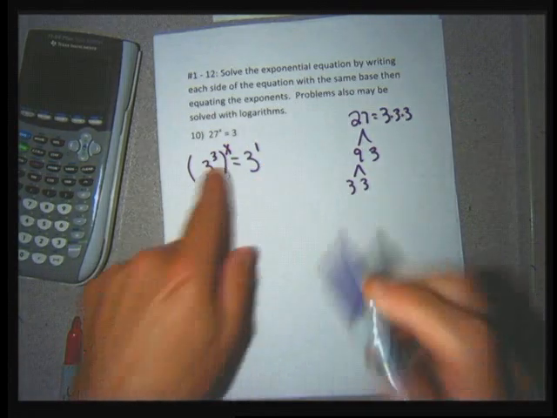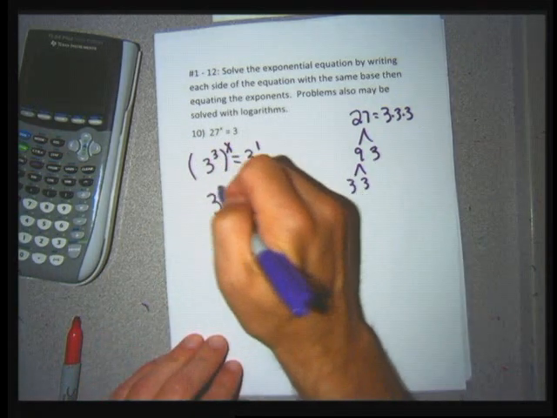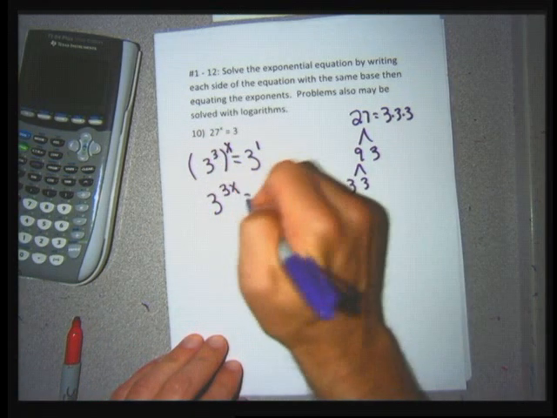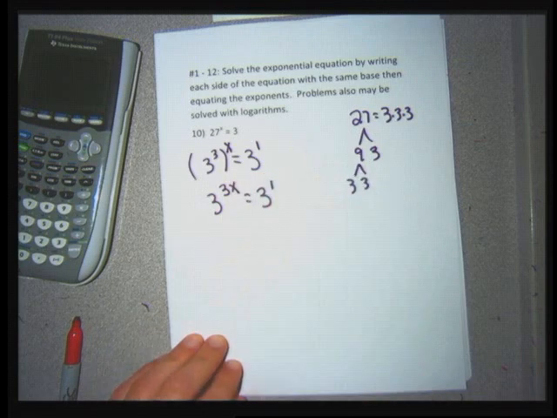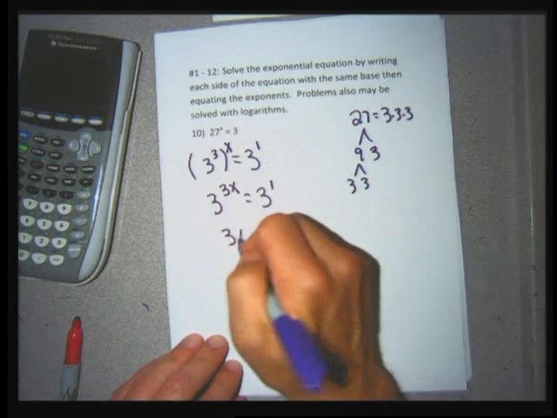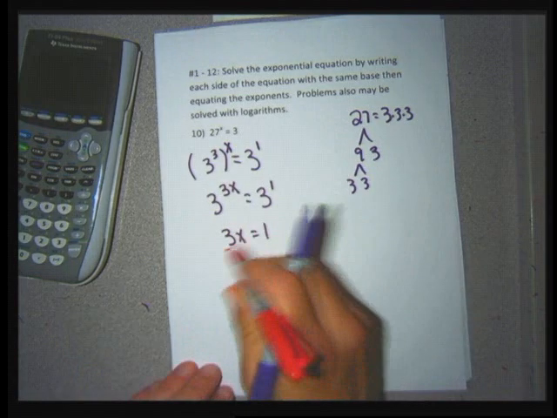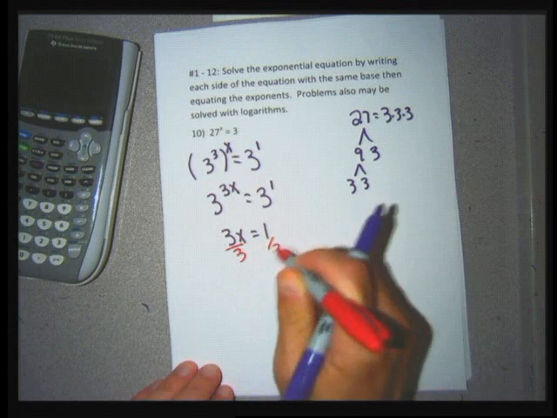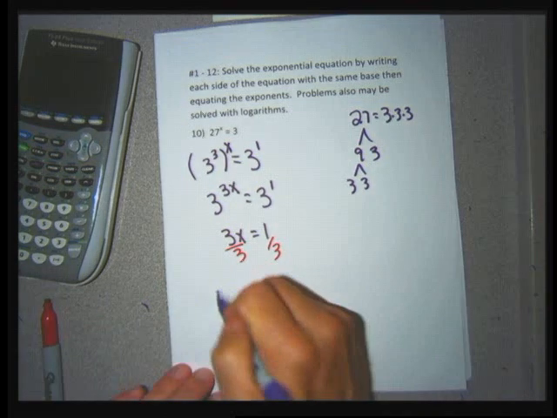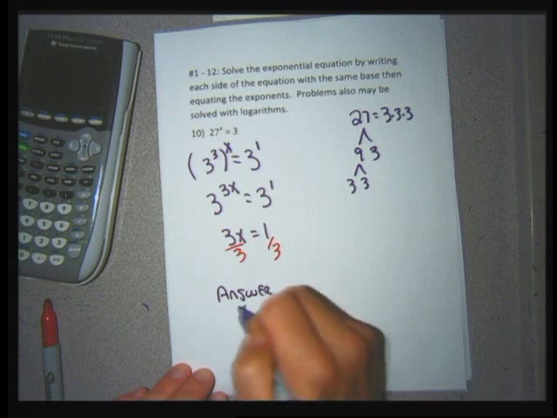Now I'm going to multiply those exponents, because if I have one base and two exponents, you can multiply the exponents. This is going to give me 3 to the 3x equals 3 to the first. Bases are the same now. I can solve the problem by dropping the bases and equating the exponents. Divide both sides, and I get my answer of x equal to 1/3.